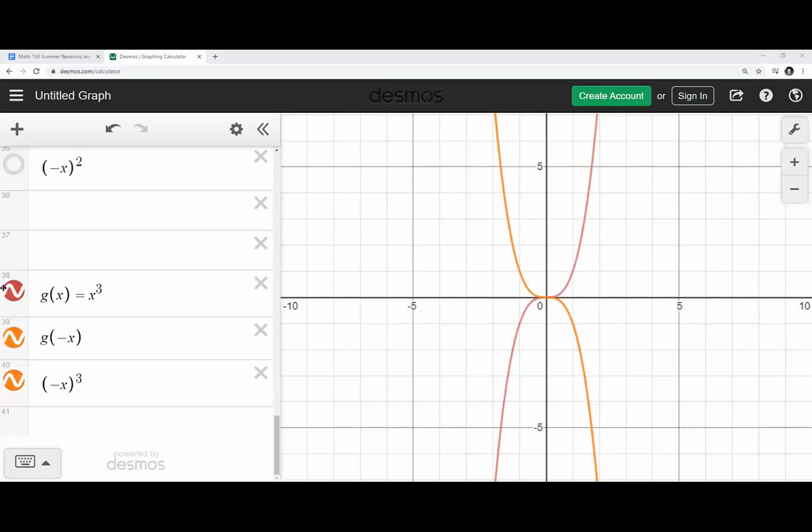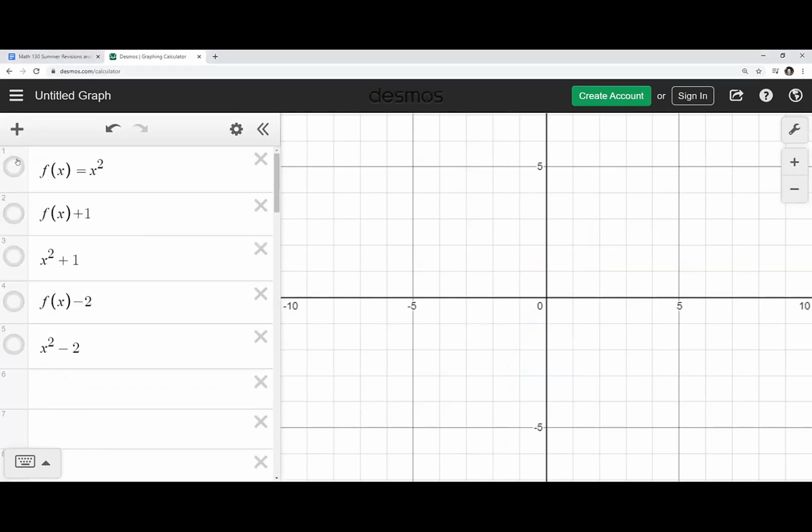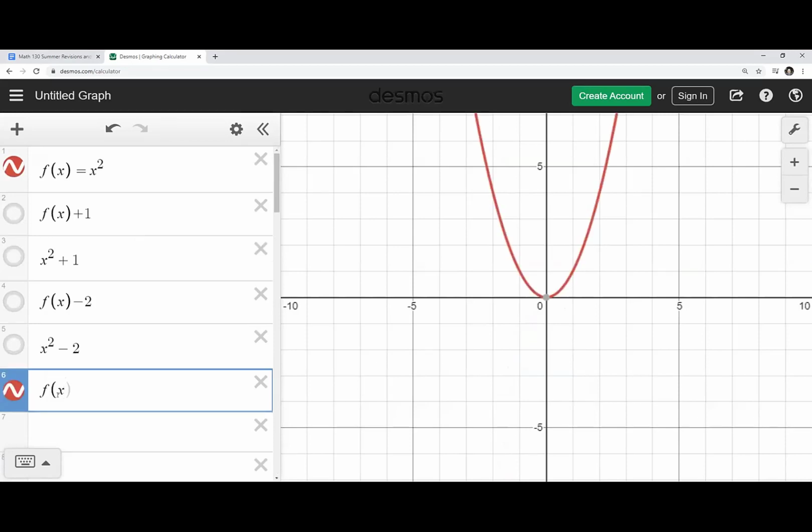So these are the 5 types of transformations. Now, you also want to be careful about multiple transformations as well, and that's what you guys are going to be doing in your activity, but it is possible to take more than one transformation of a graph. So for instance, let's go back to our parabola for a second. Let's say we took x squared, and let's say we added 3 units to the input, and let's say we subtract as well.